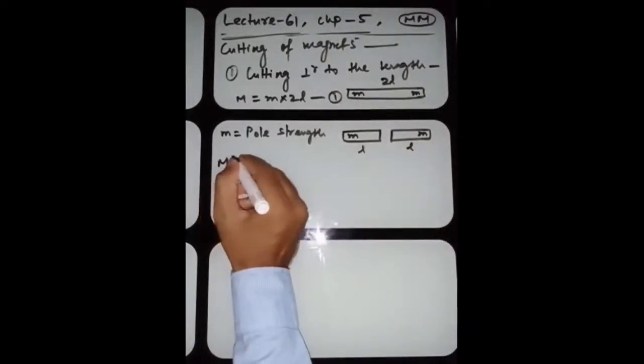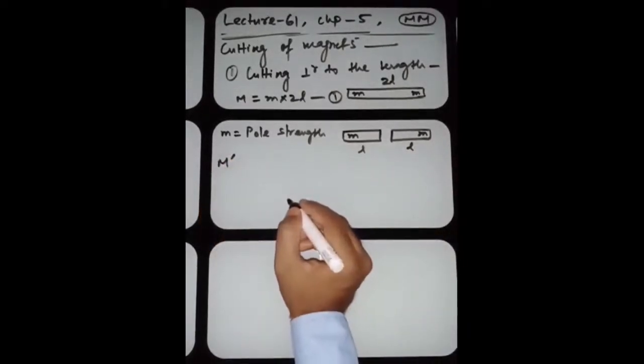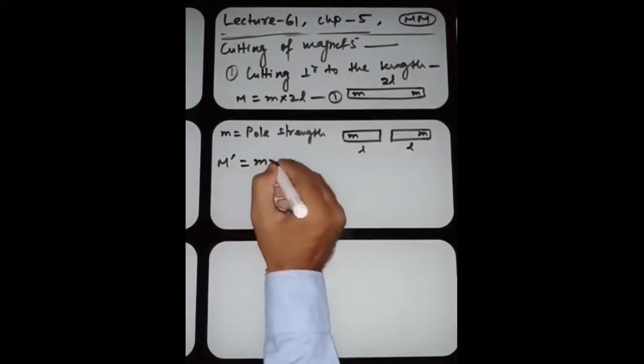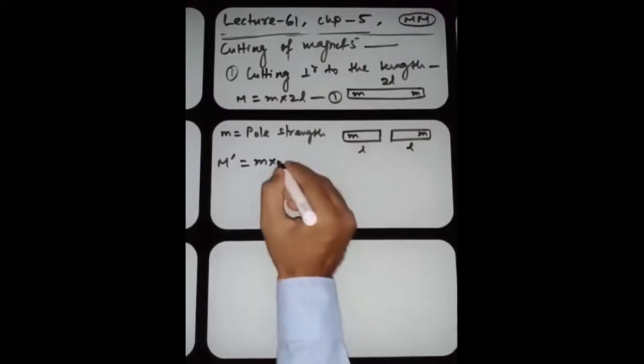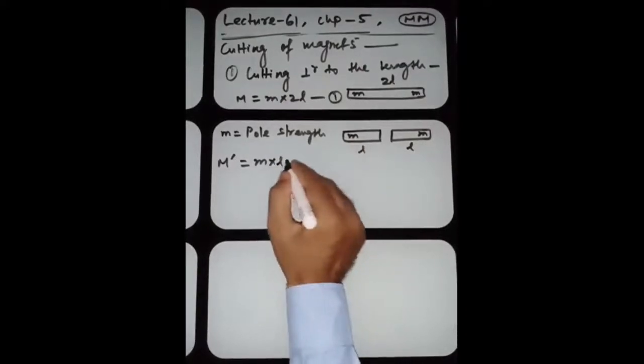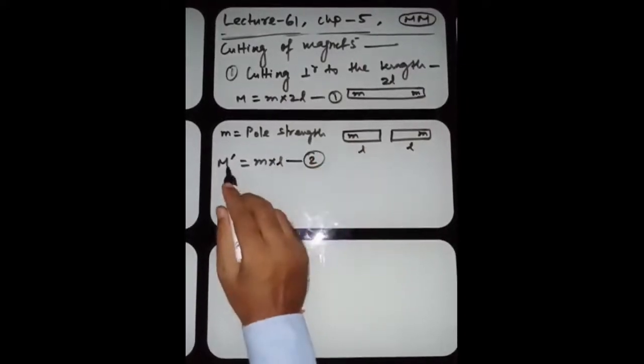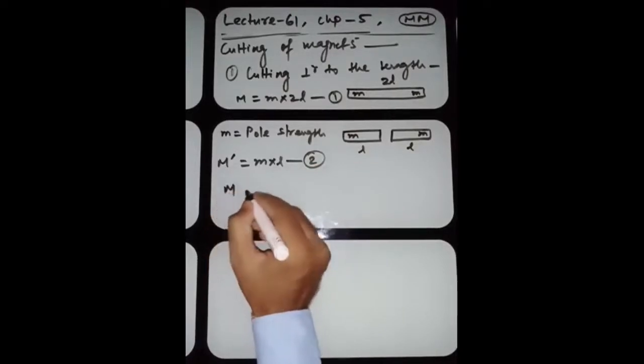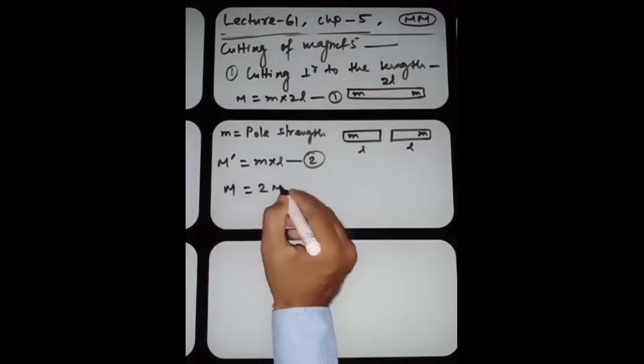Now m dash, suppose the dipole moment is changed to m dash, then we can write the pole strength into the length of the dipole, which is L. So you can see the dipole moment has changed. How much? The m can be written as 2 times m dash.